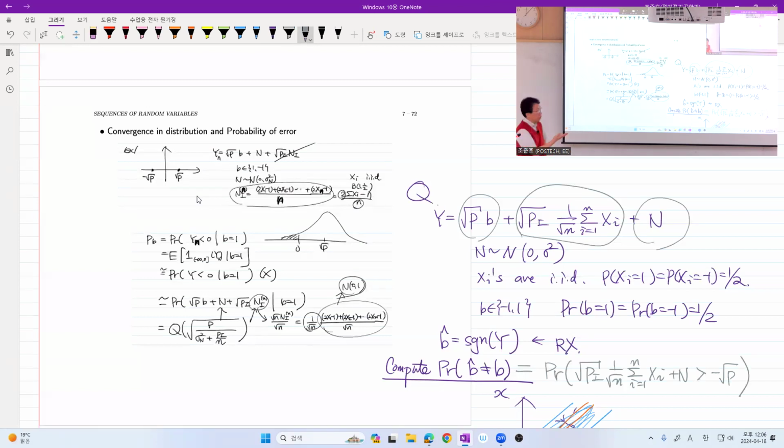We are asked to compute this probability. It's actually the same as the conditional probability of bit error given b equals 1. Okay? And due to the symmetry, we have that.